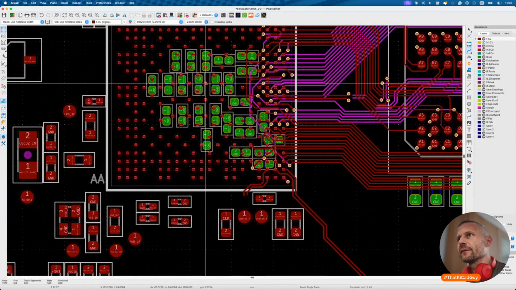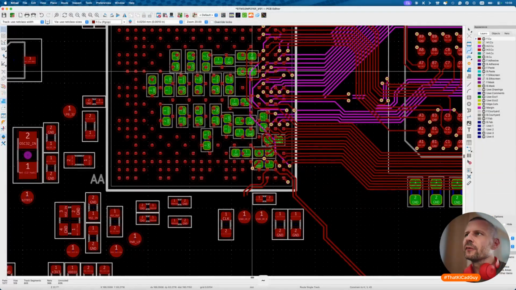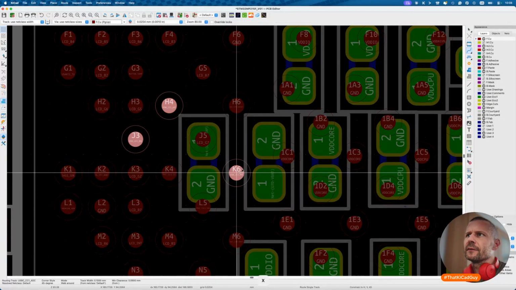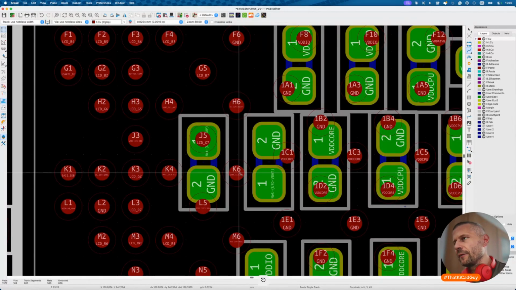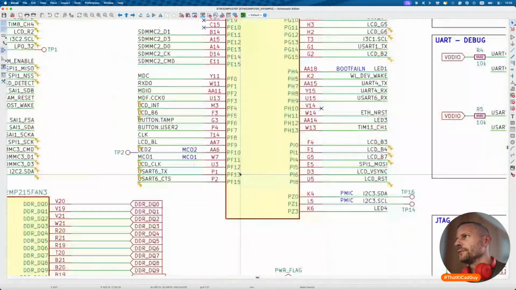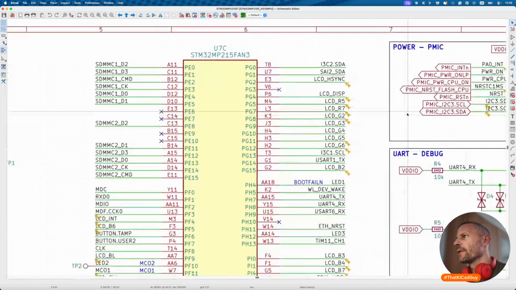Okay, case 6 is still here, but I solved it. Case 6 is solved in the schematic. J3, J3, J3 here.